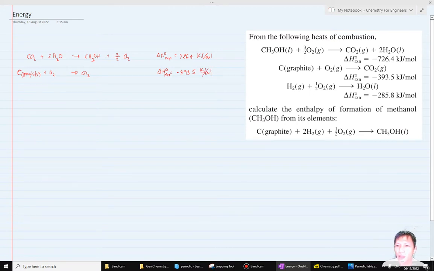Lastly, you have H2 and O2, which appear on the left, so we only have to copy it: H2 plus 1/2 of O2, with H2O as a product.